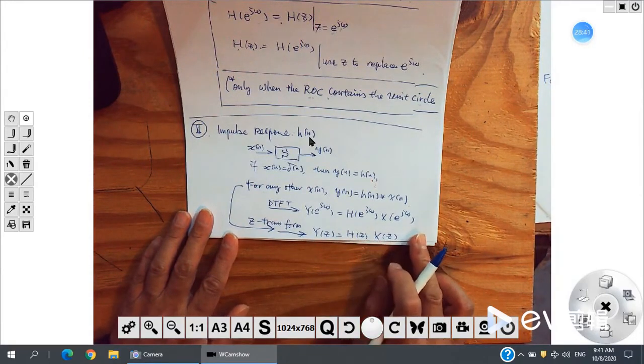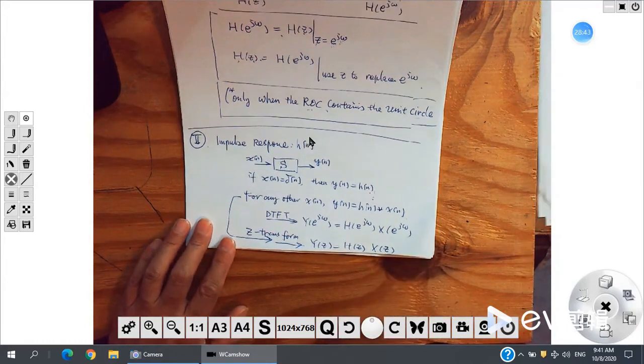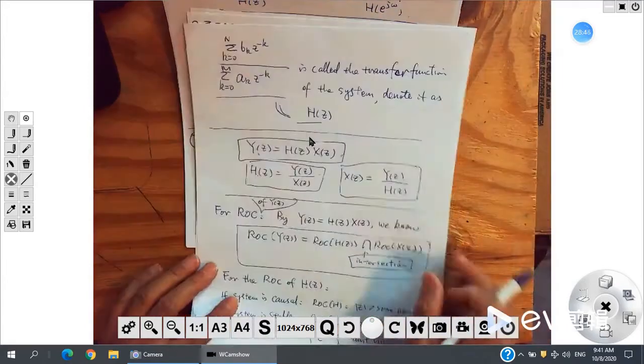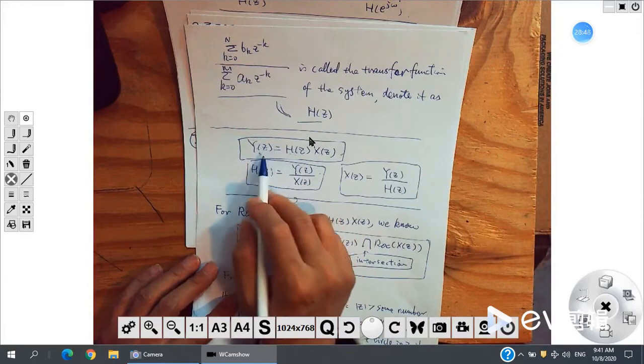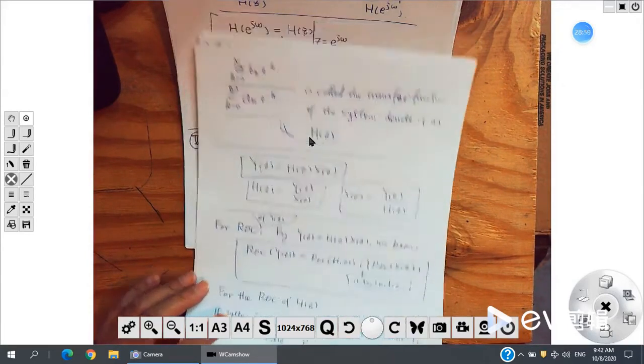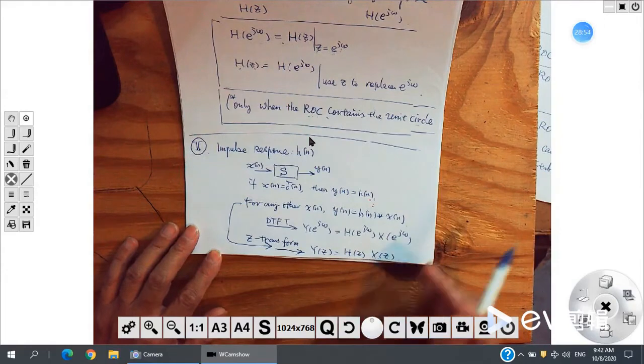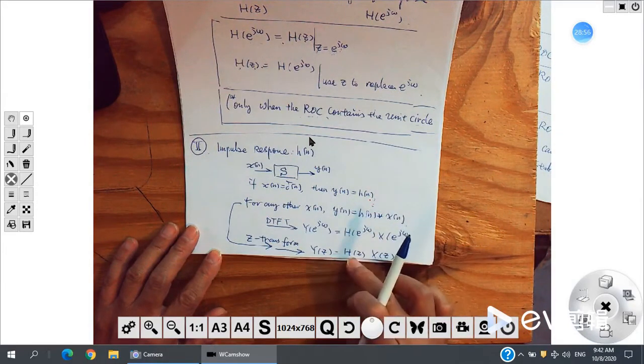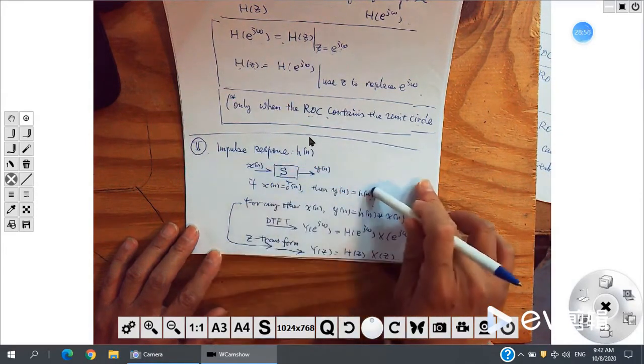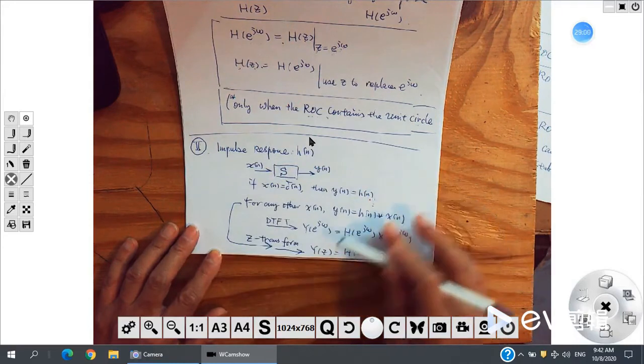And that's the same thing as the part we just discussed. Same formula. But now the way to reach this is to start from the impulse response. We can also have this formula.